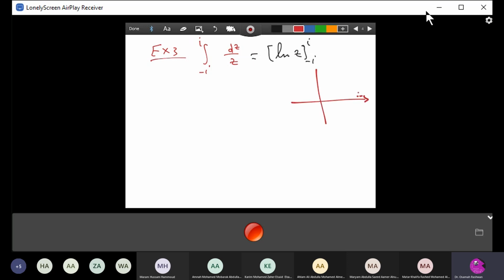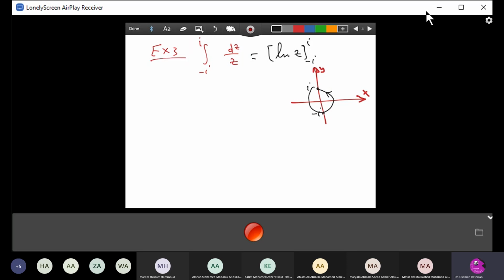This is the x-axis, and this is the y. This is your minus i, and this is your positive i. You can go from minus i to i on this side, or you can go from that side.